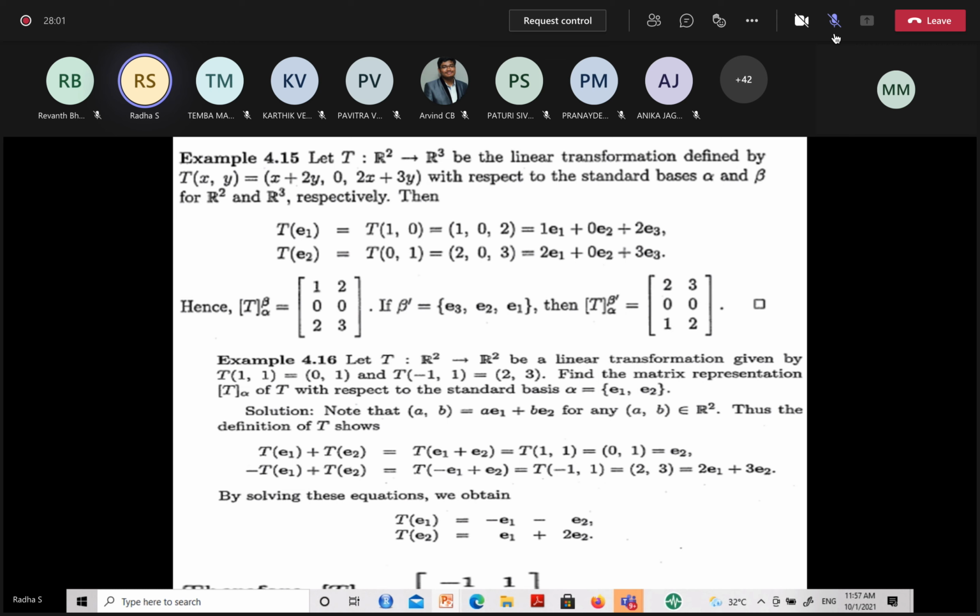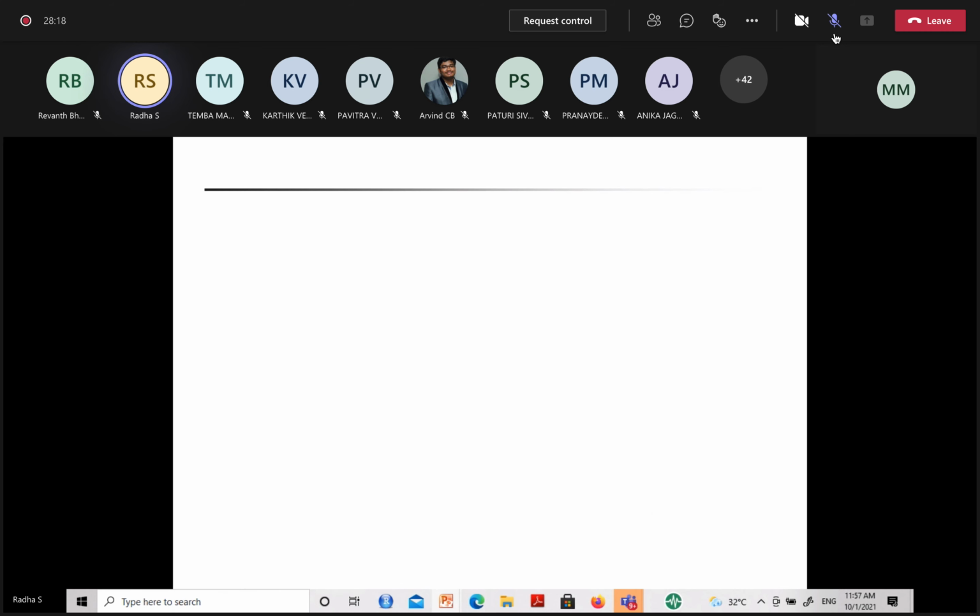So have you taken down the question? T is from R square to R cube. Both sides at present they have given only the standard basis, defined by T of x comma y. The question is find T alpha to beta. So T is from R square to R cube. Why am I taking x comma y?